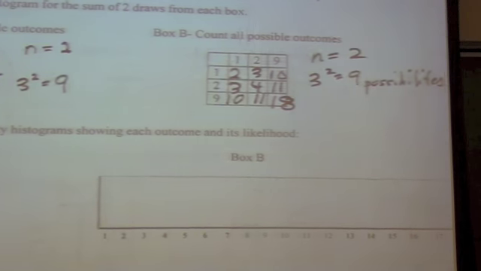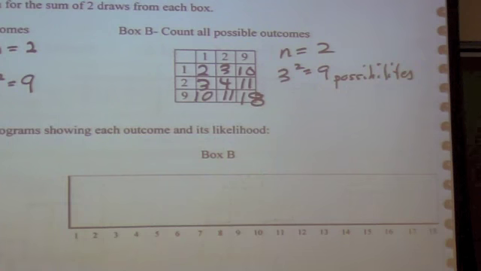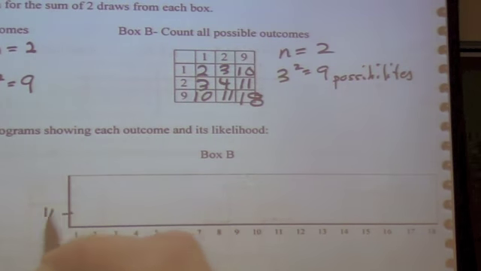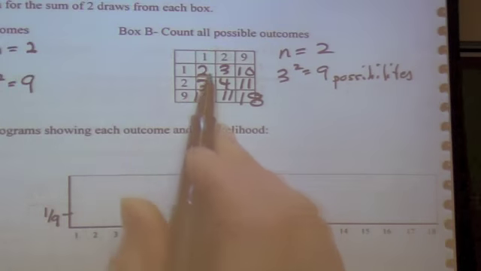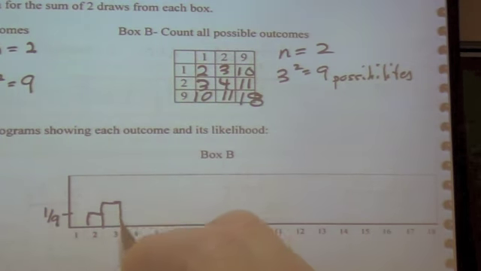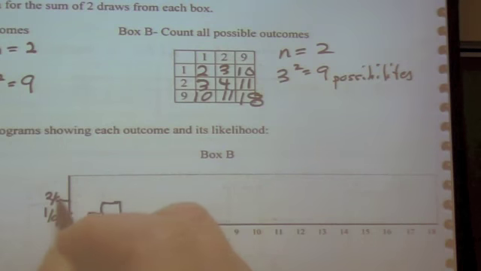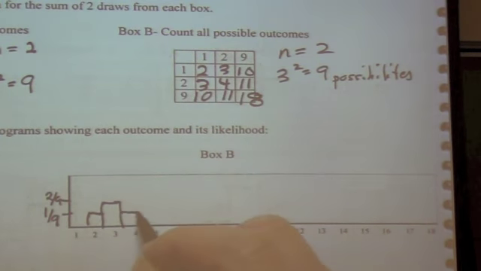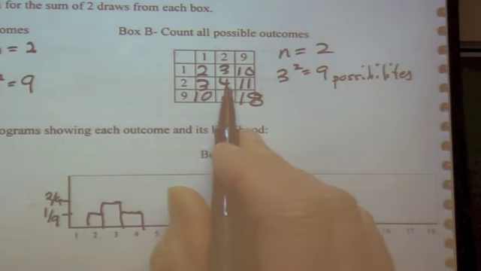All right, so now let's draw that histogram. And again, there's 1 out of 9 possibilities. There's only one way we could get a 2. That should be 1/9 high. There's two ways we can get a 3, so that's 2/9 high. One way we can get a 4, so that's 1/9 high.